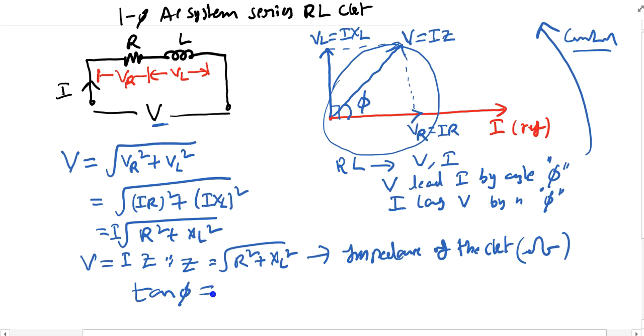Then I can write opposite by adjacent: opposite is VL, adjacent is VR.